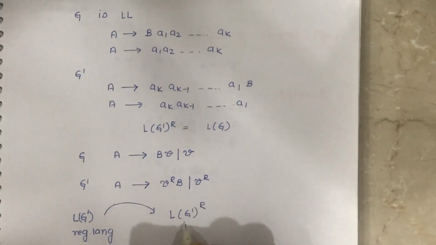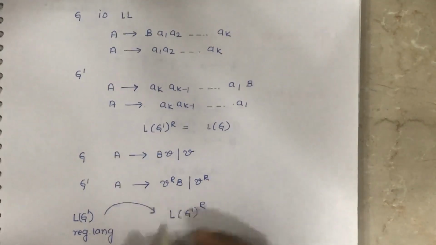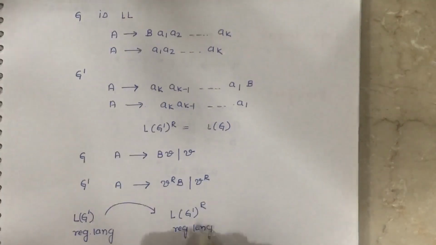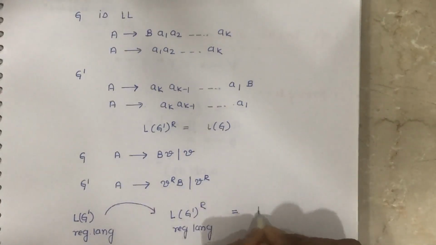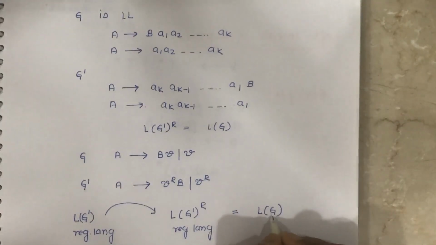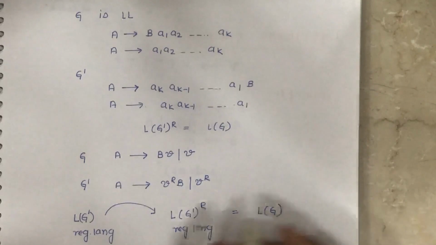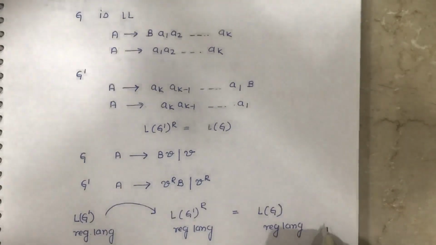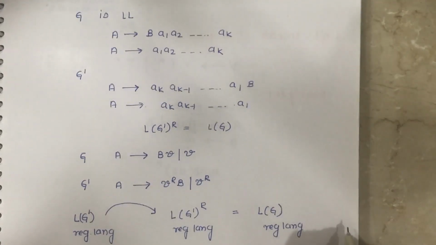And we know that the reversal of any regular language is also a regular language. And this is equal to L(G), that is the language obtained from the given left linear grammar. So this will also be a regular language. So here we can prove that a left linear grammar generates a regular language.